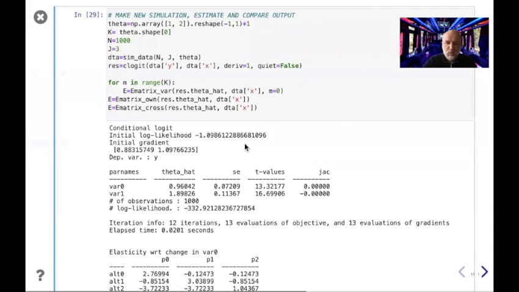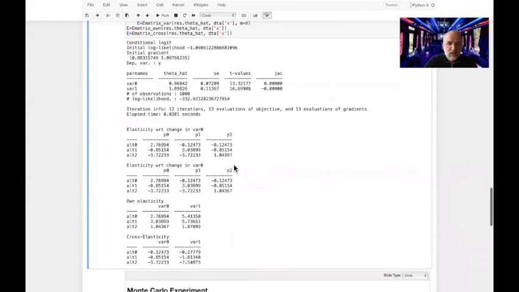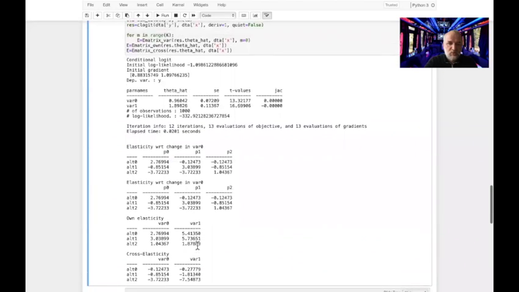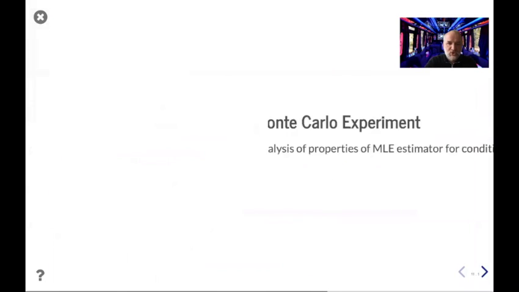I'm just listing all of them together. I've calculated all those different matrices for the different alternatives, and then you can compare. Anyway, we'll go back to the slideshow. I'm just going to skip that.